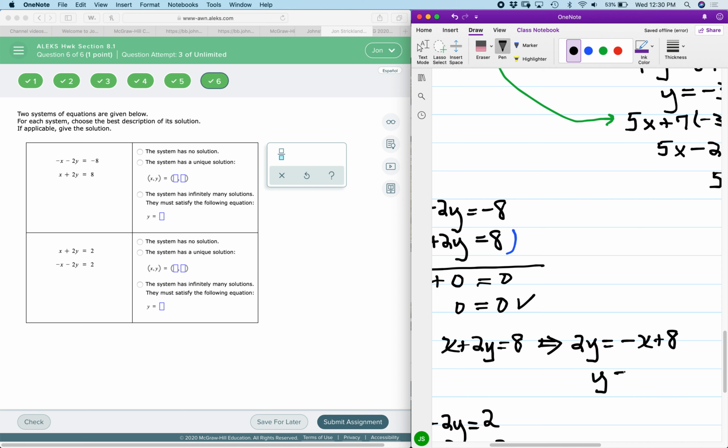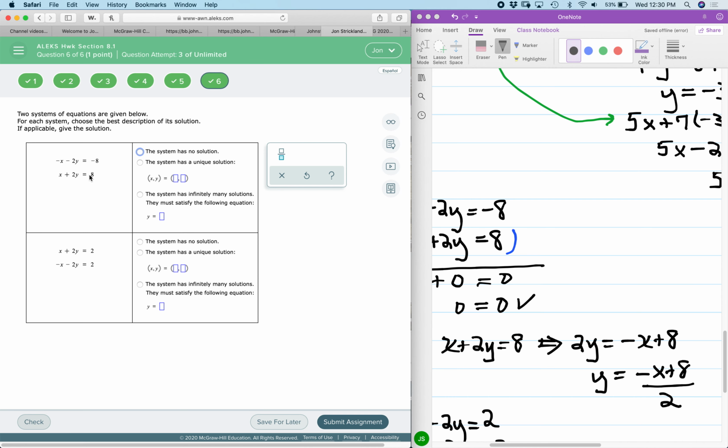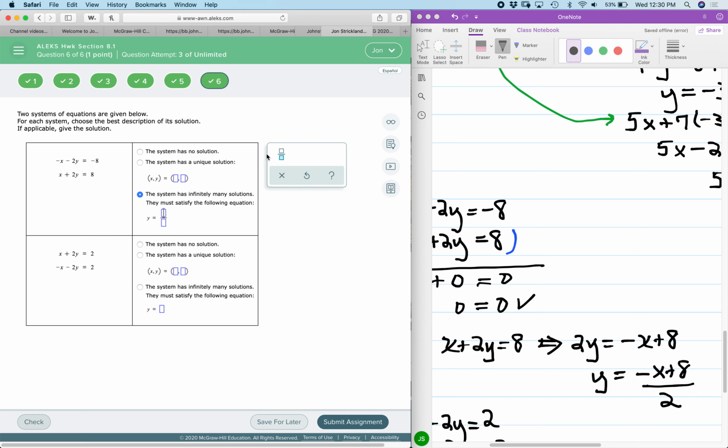With division by 2, we have that y is equal to negative x plus 8 all over 2. So for this particular system, you have infinitely many solutions where y is equal to negative x plus 8 all over 2. And for y itself, we can type in negative x plus 8 all over 2.